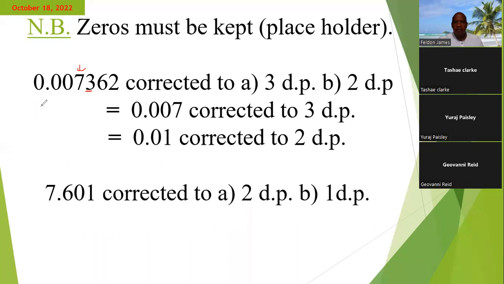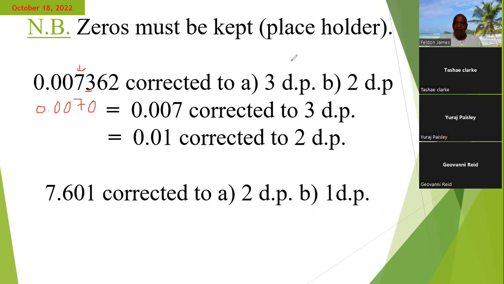Ms. Clark, suppose instead we write 0.07 and replace the 3 with 0. Would that still be 3 decimal places? Oh, no, sir. So it is really the amount of digits that come after the point that determines the number of decimal places.